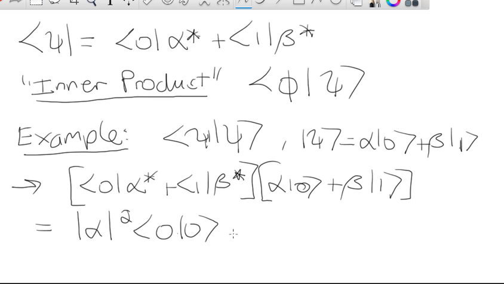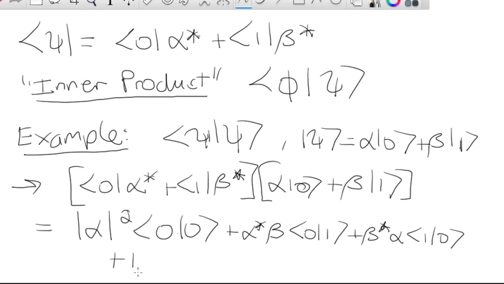And we have bra 0 acting on ket 0. We'll come back to that in a moment, but let's finish multiplying everything through. So we have alpha star beta bra 0 ket 1, plus beta star alpha bra 1 ket 0, plus the last term, which is a modulus squared again, but this time of beta, and we have bra 1 ket 1.